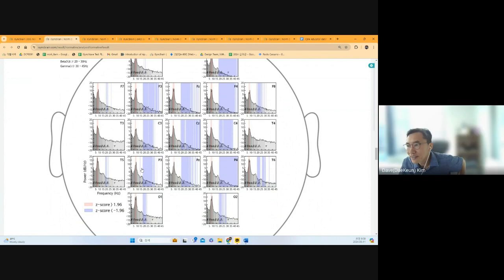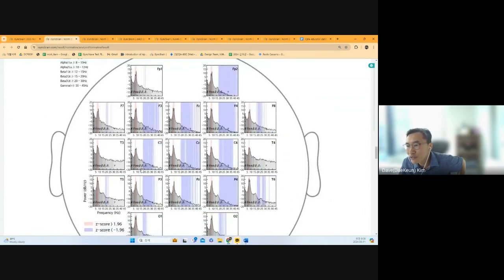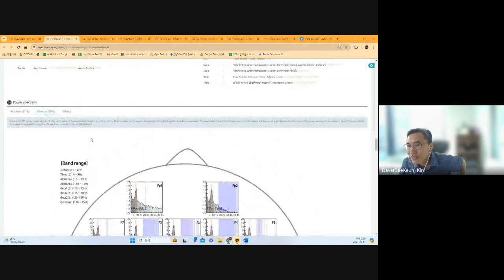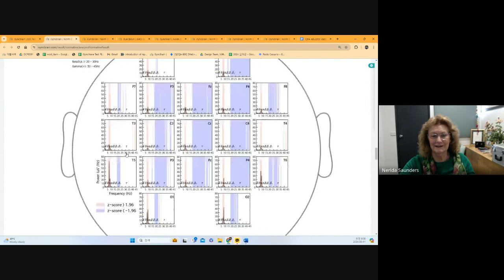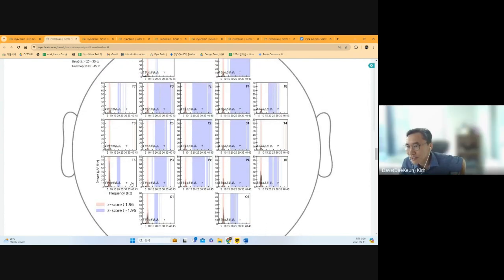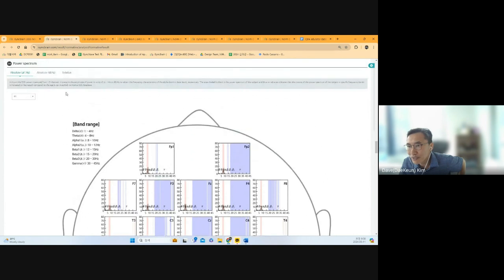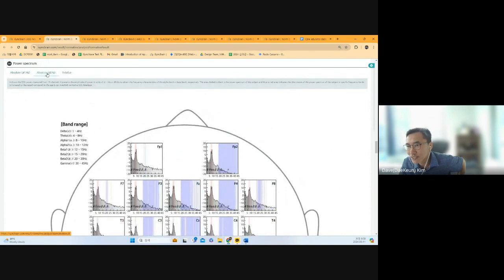I usually, for finding the abnormal peak amplitude, in the linear spectra, we can easily find which is the biggest. Yeah, I see. But for finding the high frequency activity better, we need to change to the dB scale.